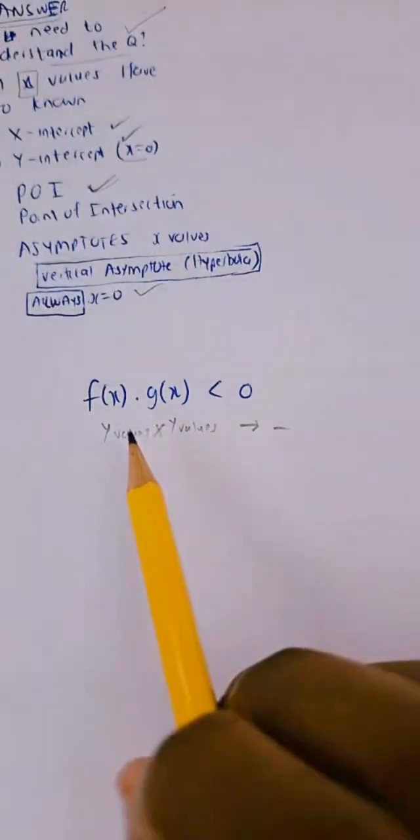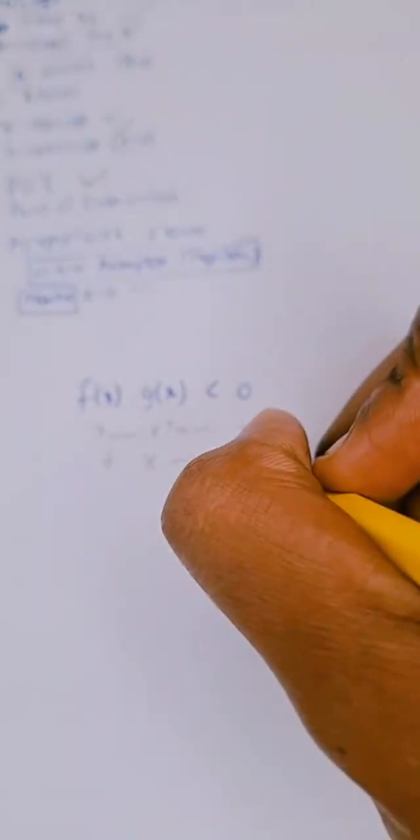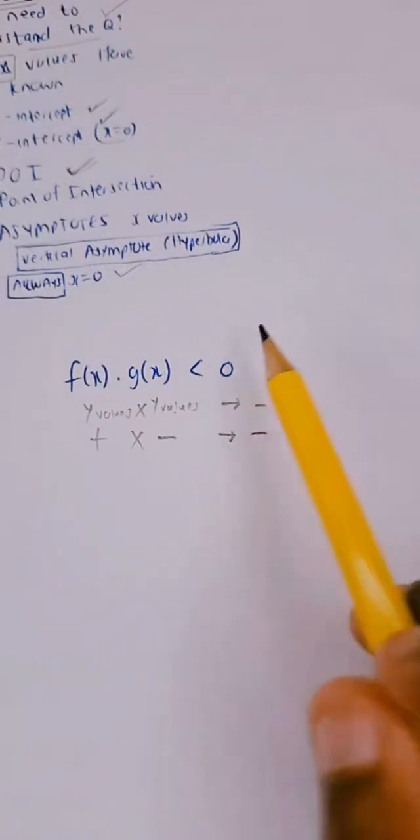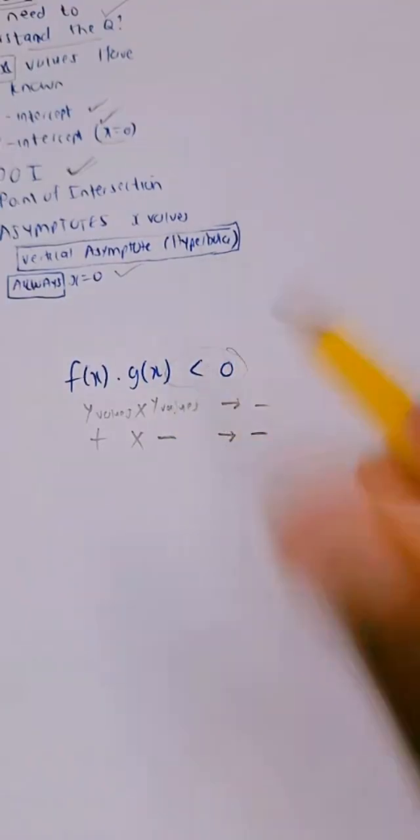The outcome is what? Negative. So if the outcome is negative, that means the y value of f of x can be positive, whilst the y value of g of x is negative. And less than 0 will definitely be a result, meaning something that is negative. Okay, less than 0 in this situation means something that is negative.